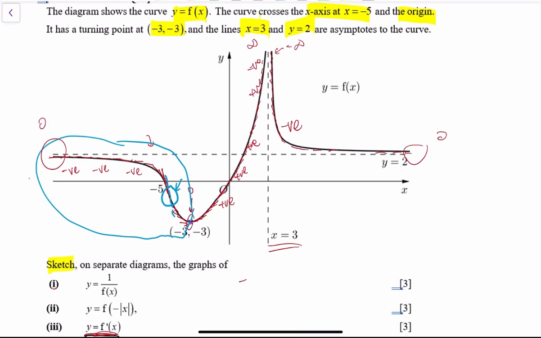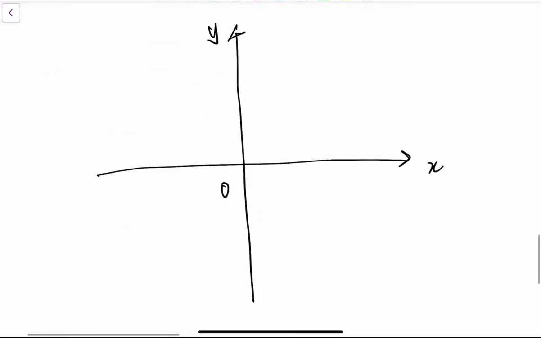Right, so let's draw the graph with this understanding. In my derivative graph of y equals to f prime x, when x is -3, I will have my x-intercept. And the vertical asymptote will have to stay as well.